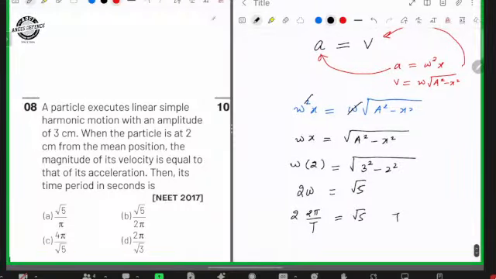Now taking T alone, you will get 4 pi by under root 5. Which option gives you 4 pi by under root 5? Option number C is correct. Understood?